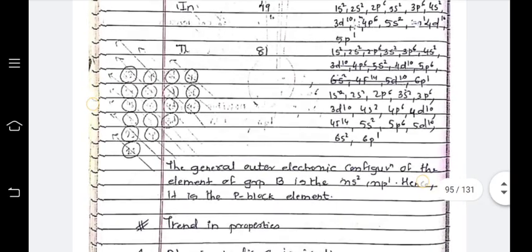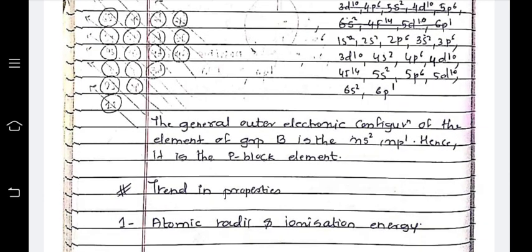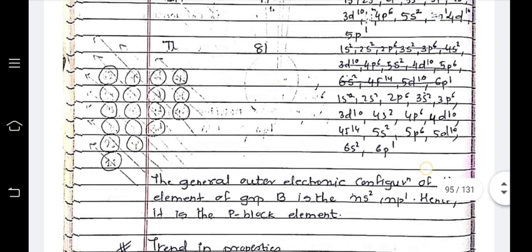So this is the most important part you have to understand, because this will give the hint to understand which is the MCQ question.